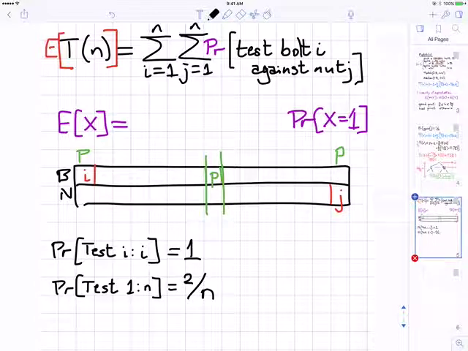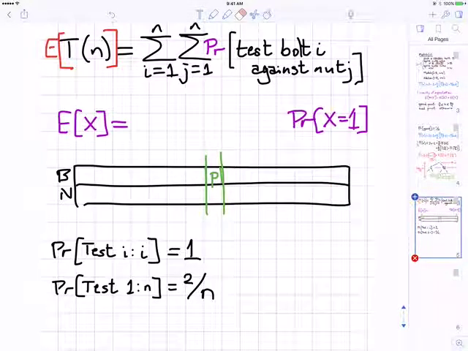Okay. Now let's see if we can figure out what happens in the general case. Okay, so I is somewhere here in the middle. J is somewhere here. Hopefully it's clear that swapping I and J doesn't make any difference, so I'm just going to assume I is less than J. And now I need to choose a pivot.